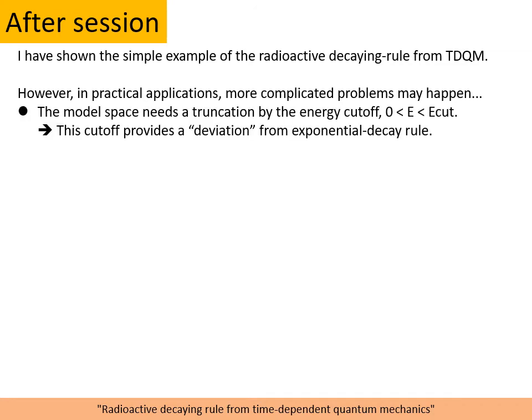First of all, the model space needs a truncation by the energy cutoff, for example, from 0 to E_cut, and this cutoff provides a deviation from the exponential decay rule. In other words, the problems in our real world cannot be represented exactly by the exponential decay rule, but there are always some errors.